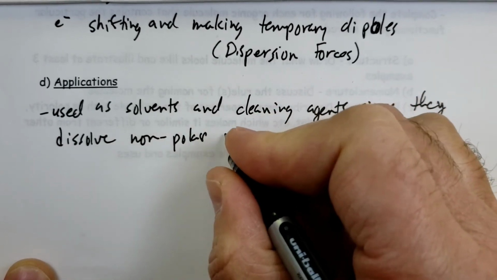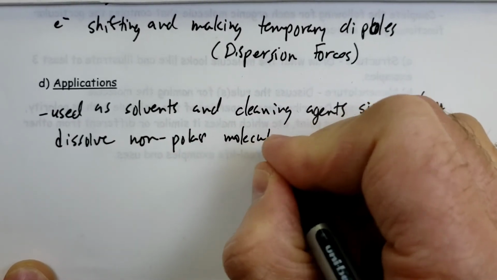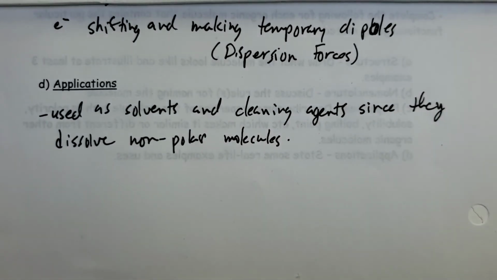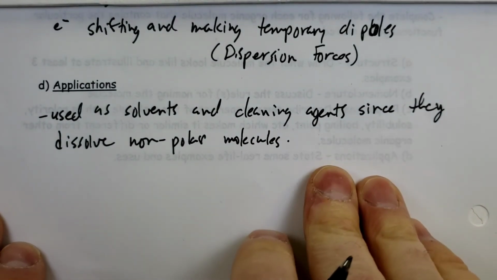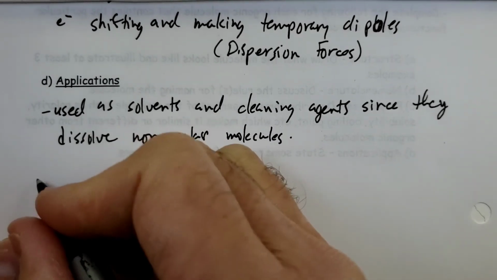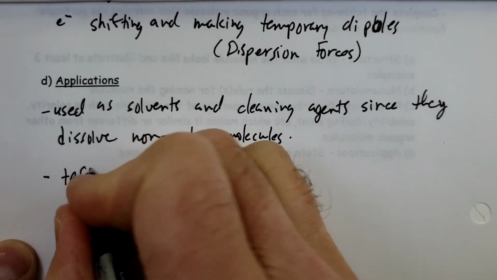So they become slightly polar due to the random electron movement, and of course they cause other nonpolar molecules to become temporary dipoles as well by those moving electrons.